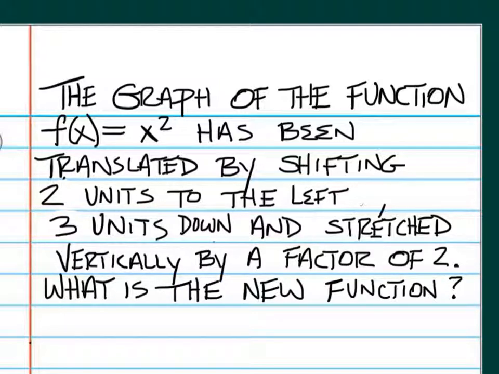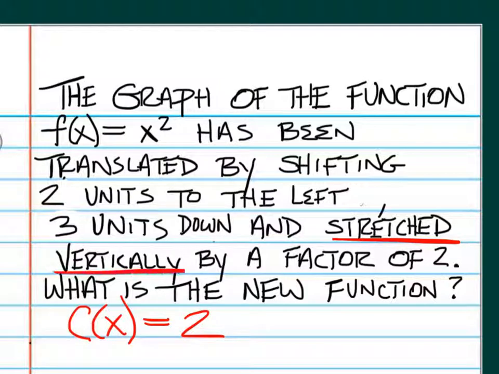What is the new function? He said C first, so we'll do C. We're going to choose C of x, and then equals, what do I put first? A 2, and that comes from stretched vertically by a factor of 2. Okay, what do I put next?